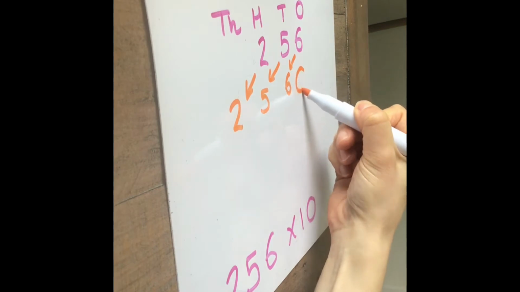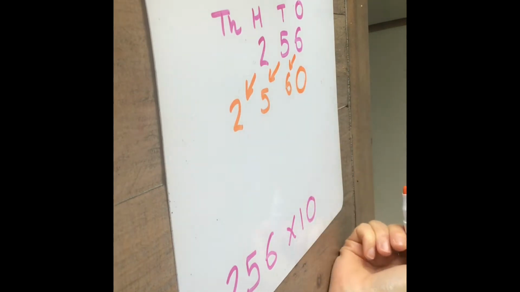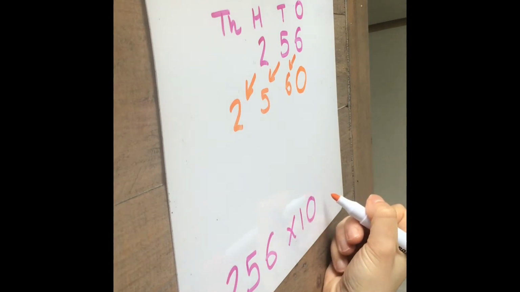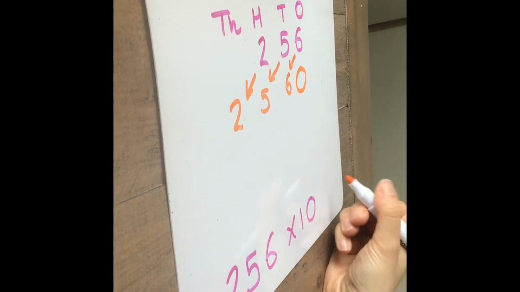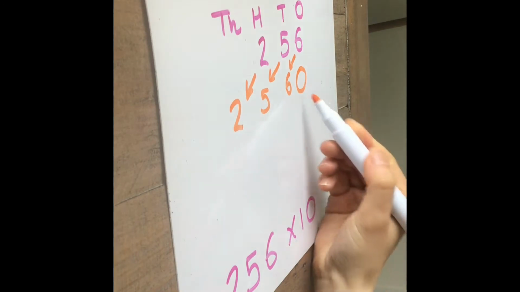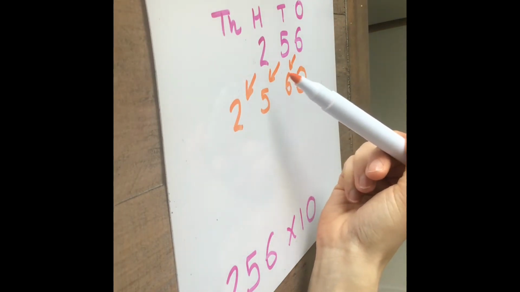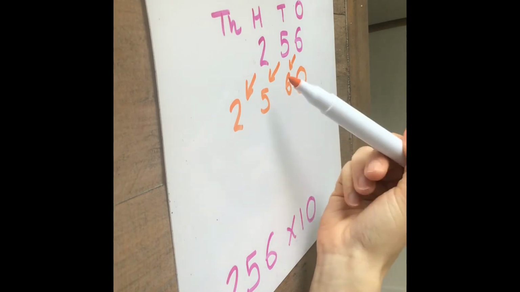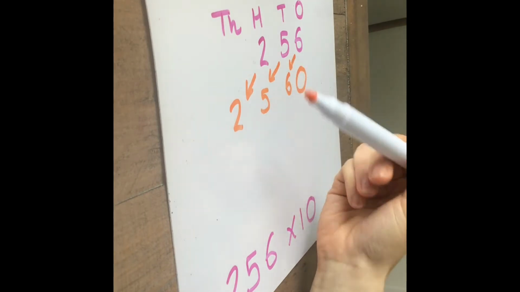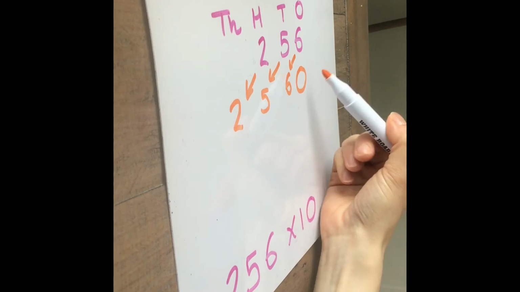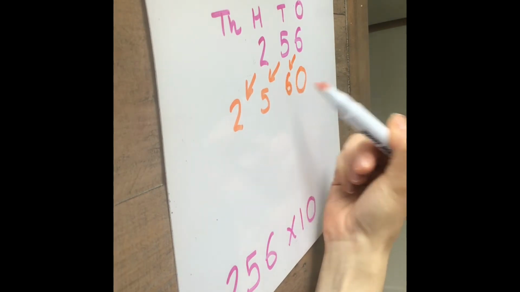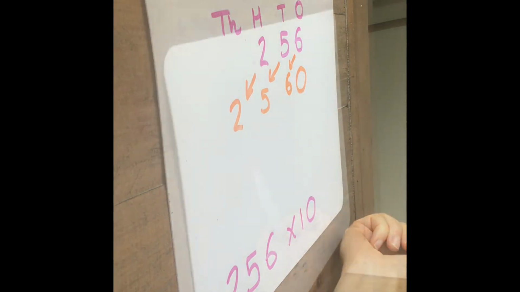And then we pop a 0 on the end because we now don't have any ones. So last week we spoke about, yes, essentially when you multiply by 10 you add 1 zero, but the reason that is, is because each digit is becoming 10 times the value, okay? So they each move one place to the left, and because of that, we need to fill our ones with a 0.